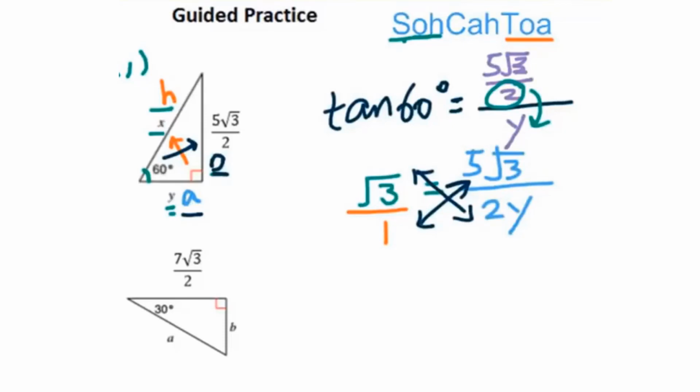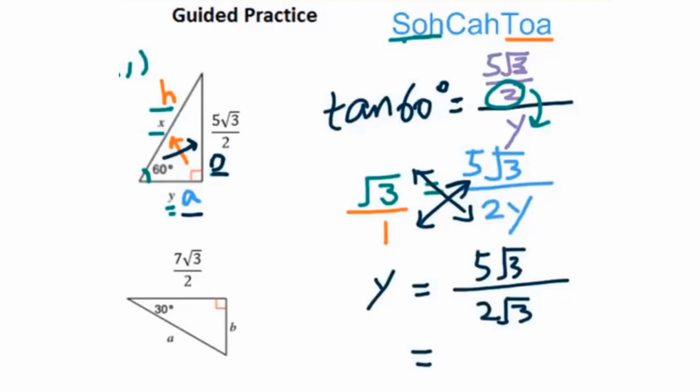Any number on the same line as the y goes to the denominator when you cross multiply. That's how you get y equals 2 times square root of 3, which is 2 square root of 3. Then 1 times 5 square root of 3 will be 5 square root of 3. Then reduce. You will get 5 over 2. Leave as a fraction. That's the answer for y.